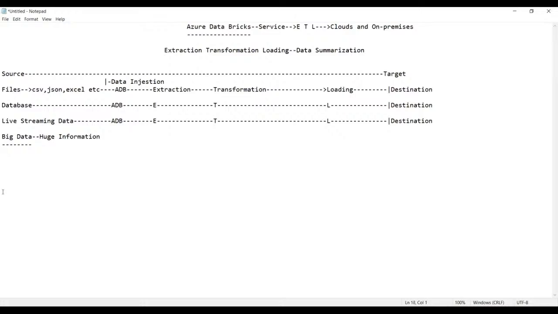So what are the sources of getting big data? Can you tell me from where you can get it? Maybe event hubs, storage account.